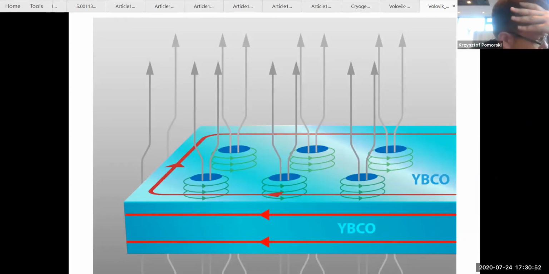The existence of these particles is guaranteed by topological protection.